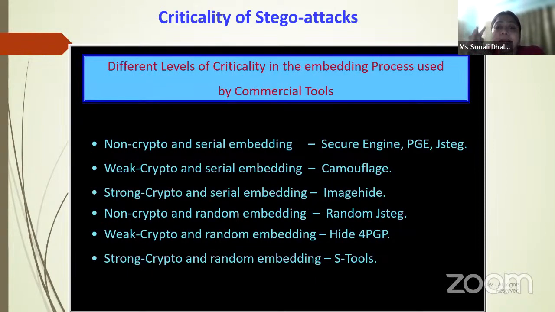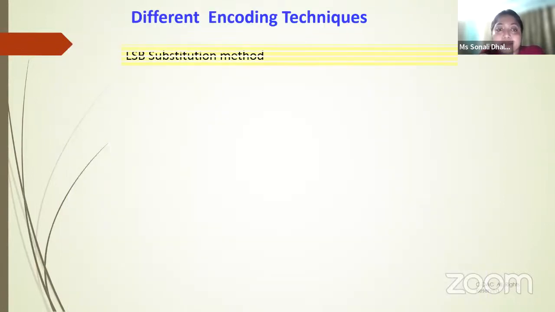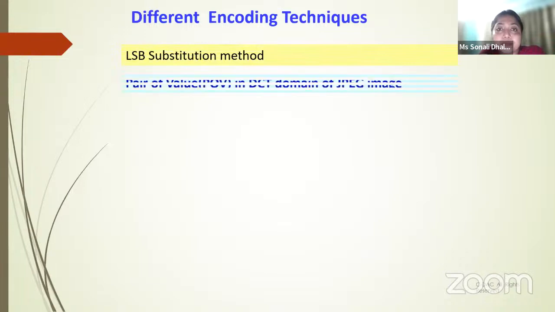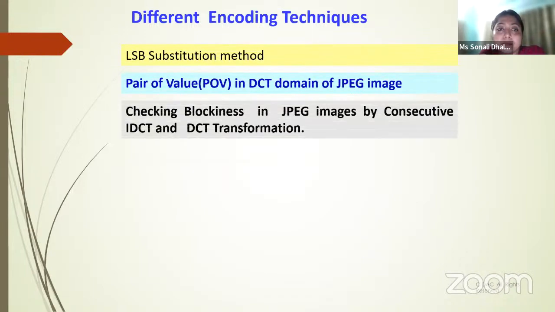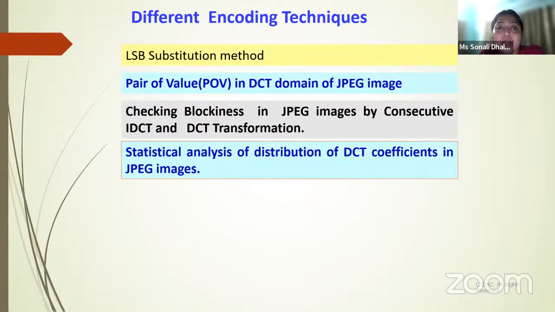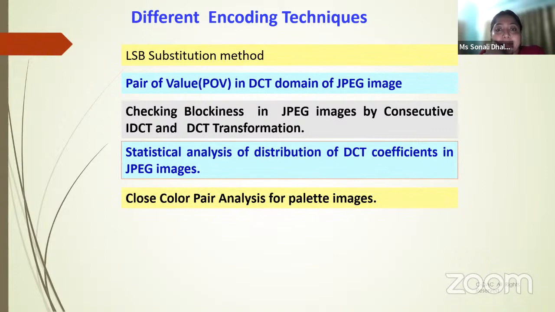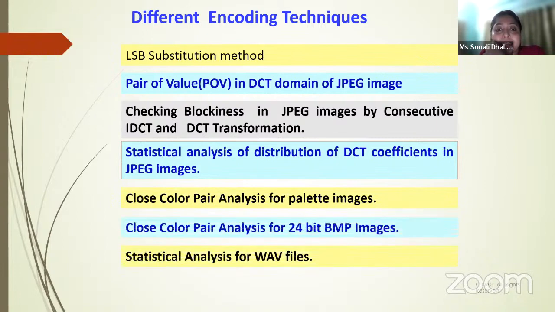These are a few examples of steganography software with different levels of criticality. These are some commercially available steganography tools. There are different encoding techniques: LSB substitution, pair of values, checking blockiness in JPEG images. These are different techniques.